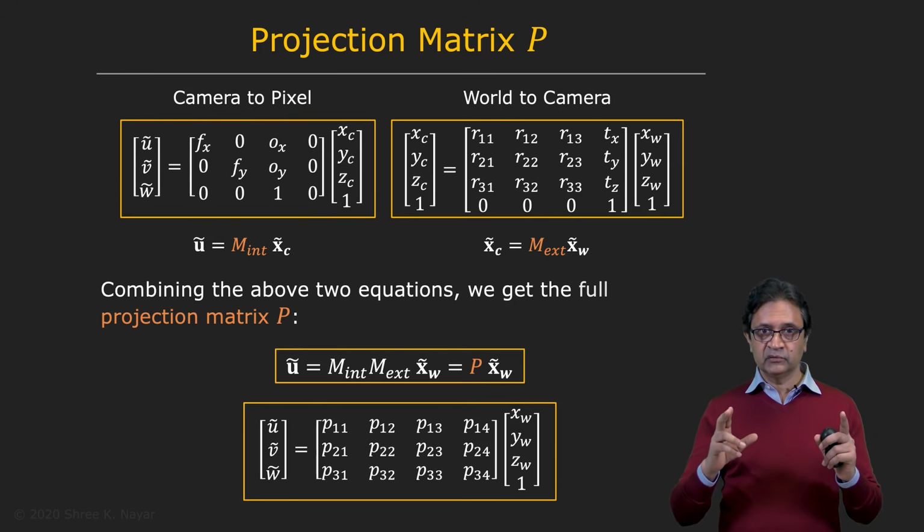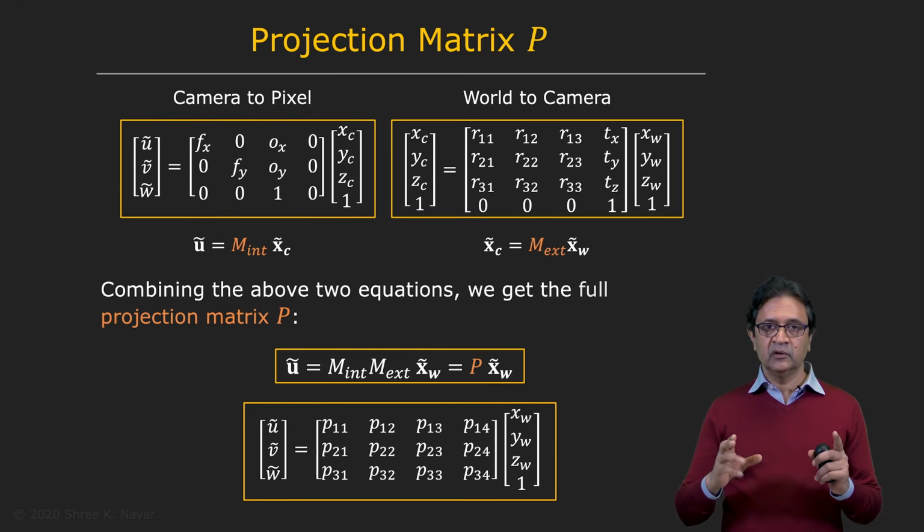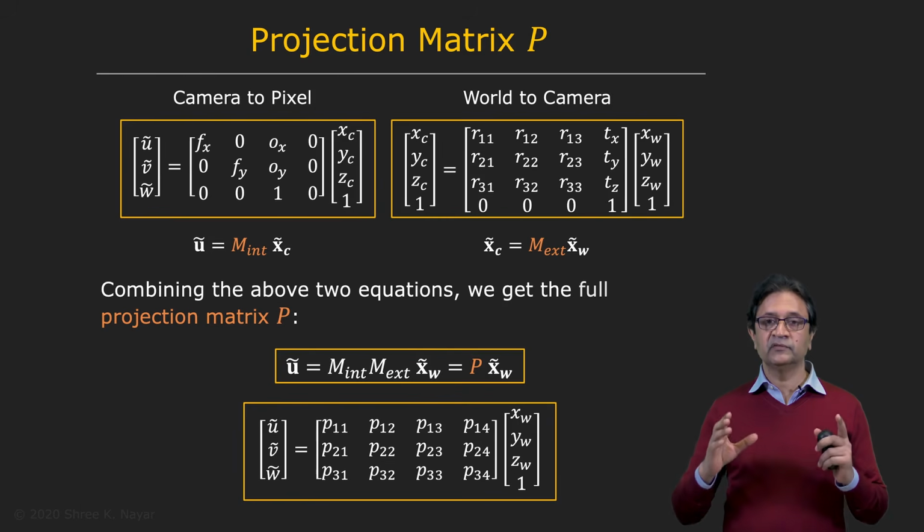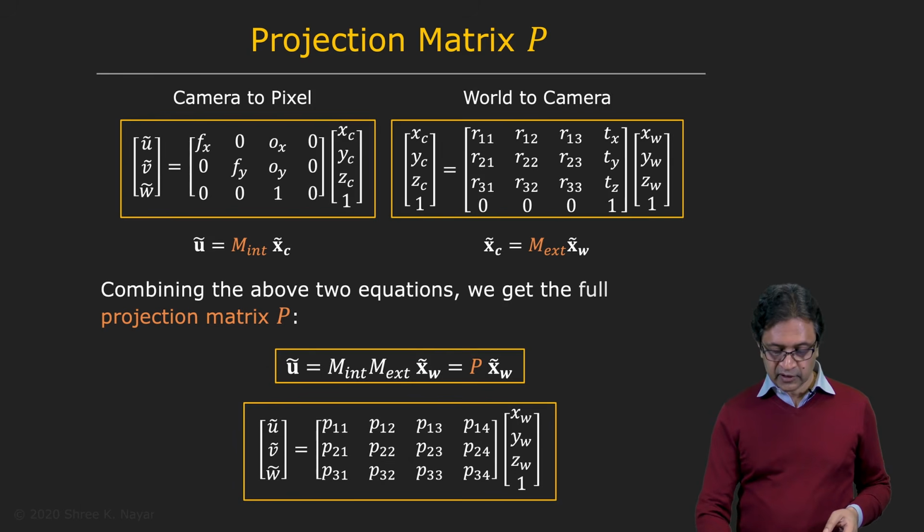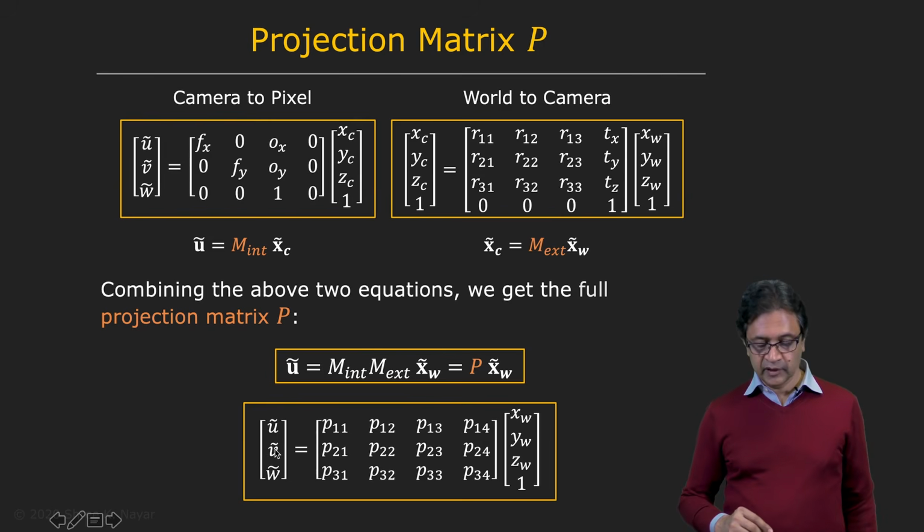So if we wish to calibrate the camera, all we need to know is the projection matrix. We need to find these 12 numbers right here, and then we know the mapping. We can go from any point in 3D to its projection in pixels in the image.